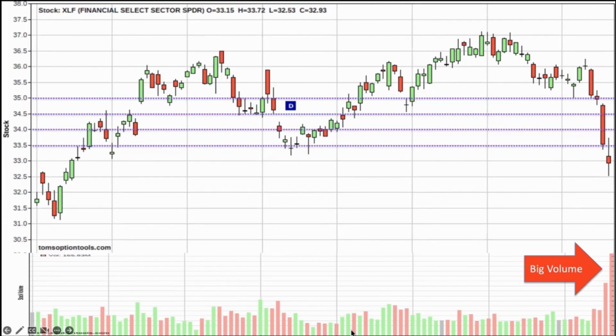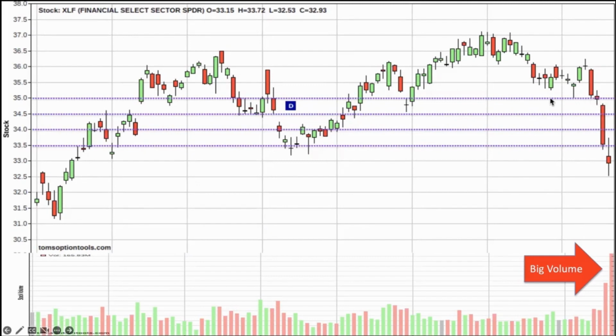So the idea here is with volume, and stocks that are breaking down, derive support and resistance. These levels here, you'll notice, are every 50 cents on the XLF. These purple lines are showing support there, support there, support there.